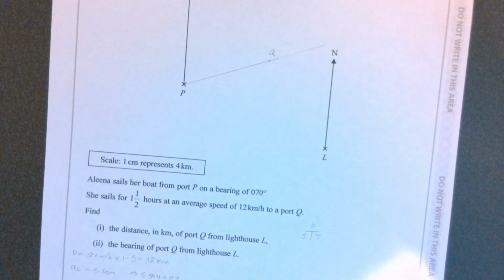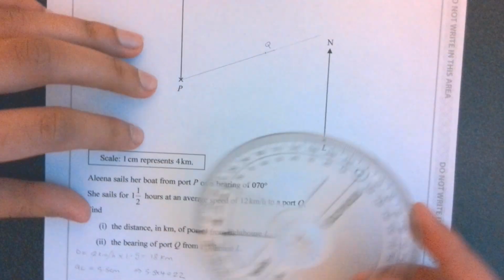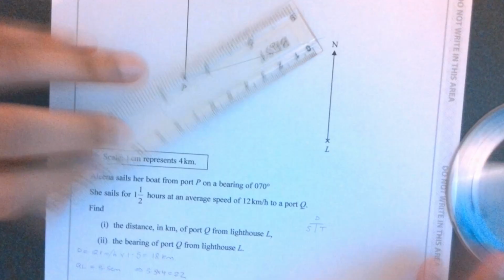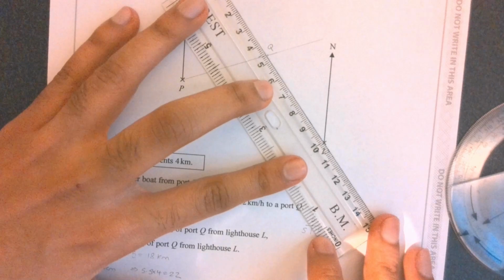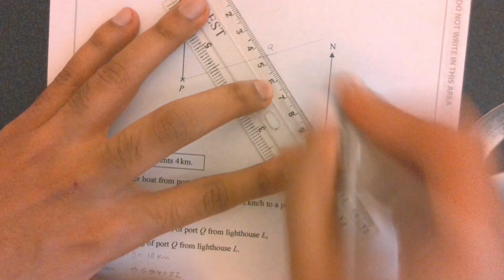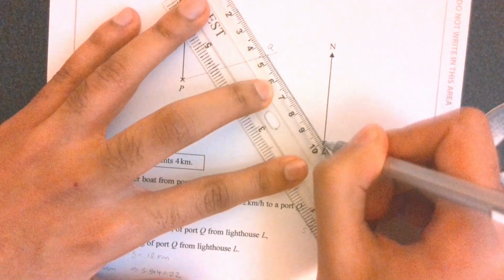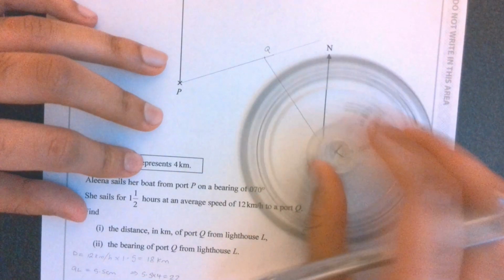And now to find the bearing of port Q from the lighthouse L, first of all we need to join these points up, and if we join the points up, we can now find out the bearing.